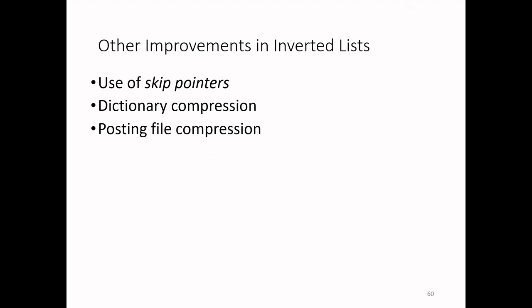And some other improvements that one can make in the inverted list are use of skip pointers, dictionary compression, posting file compression, and so on and so forth. Now, if you are interested in reading in detail about some of these topics, please go to the course handout, and I think there I have given you a link to a book on information retrieval.